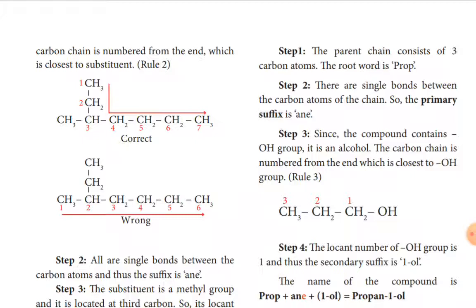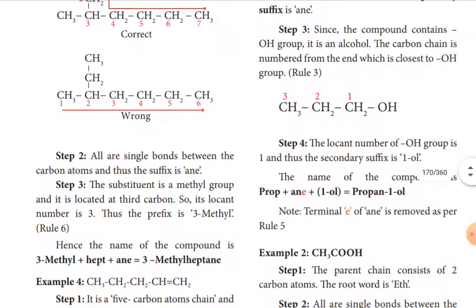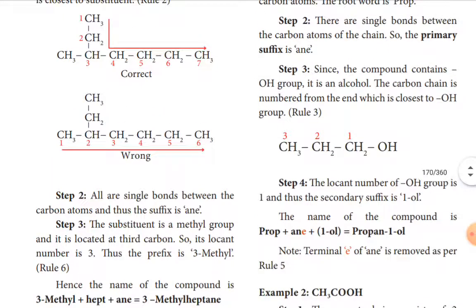There is a substituent on the third carbon, that is methyl, CH3. The methyl group is attached to the third carbon. So we have to write 3-methyl plus root word hept, and there is a single covalent bond between the carbons, a saturated compound, so the suffix is ANE.